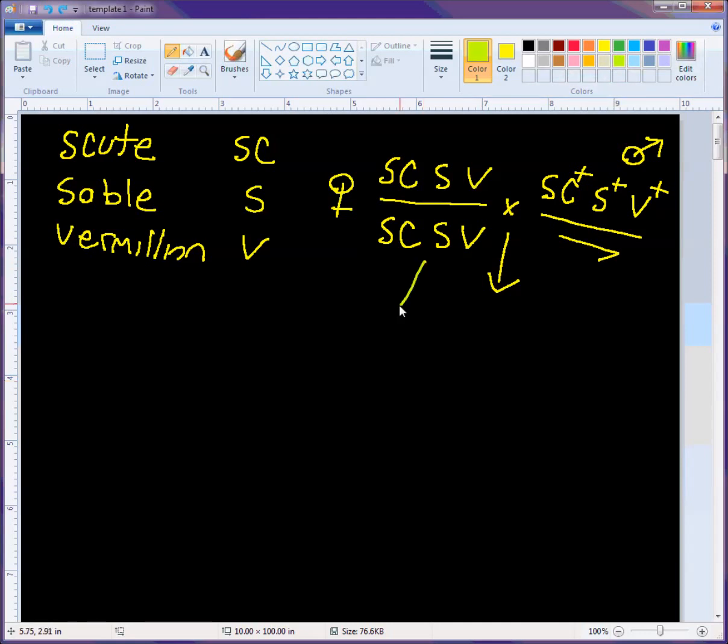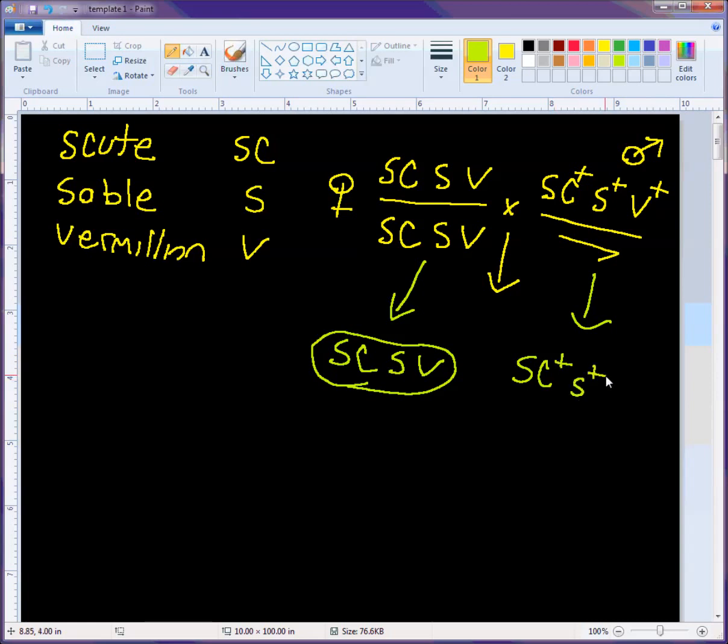So the females in the P1 during meiosis can only make one genetically distinct type of gamete, one that has all 3 mutant alleles for these 3 genes. The males, however, can make 2 types of gametes. One carries the X chromosome with the wild type alleles. The other carries a Y chromosome.